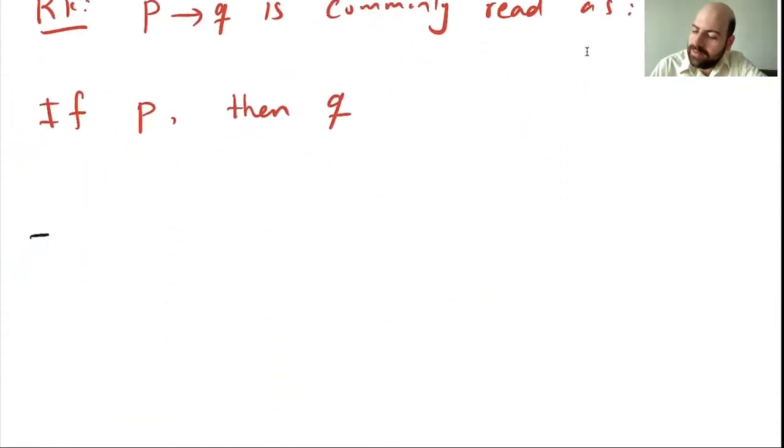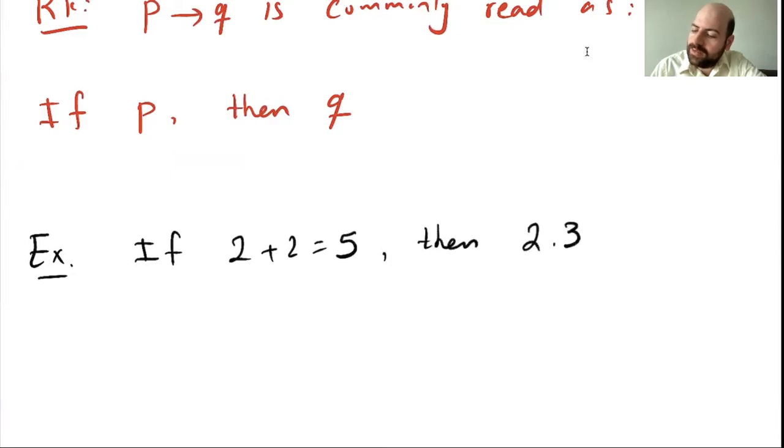All right, so let's look at an example. Let's say if 2 plus 2 equals 5, then 2 times 3 equals 7. Is this true or false? Well, this part we call P, which is the assumption.